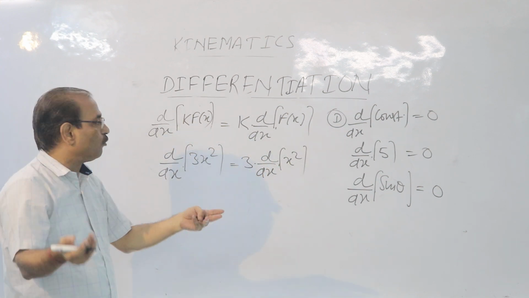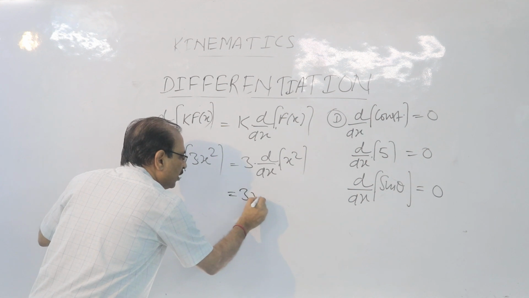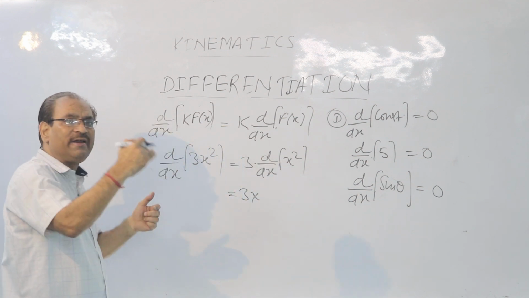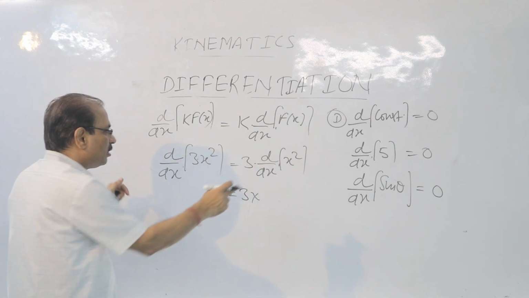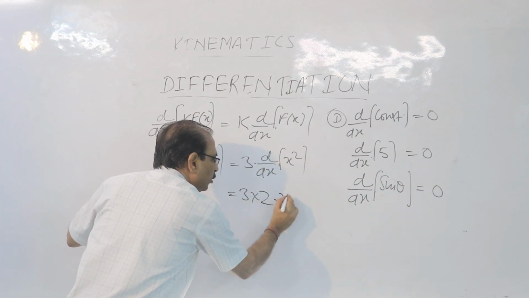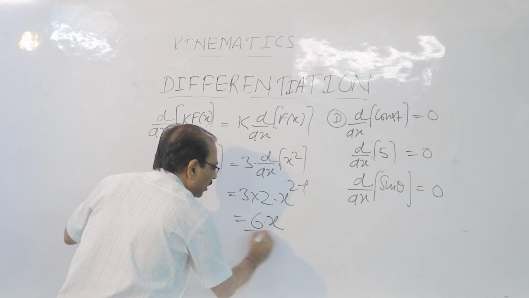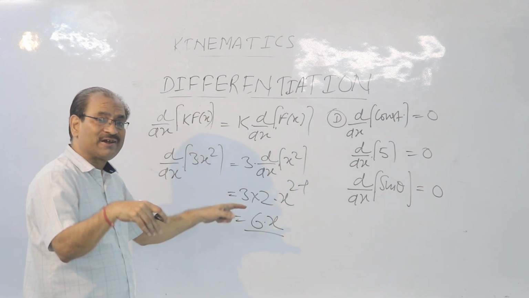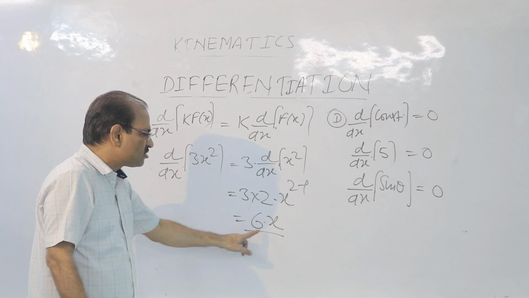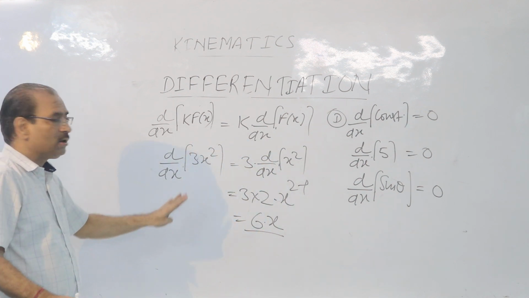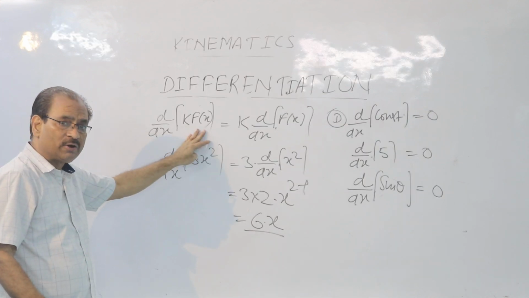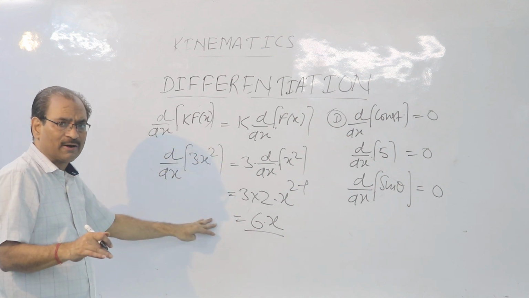Now just apply the formula. So you will get 3 into, the formula is nx to the power n minus 1. Here n is 2. So 2 into x to the power 2 minus 1. 3 times 2, that is 6, into x. 2 minus 1 is 1, x to the power 1 is just x. So it is 6 into x. So remember, these types of problems are solved in this manner.